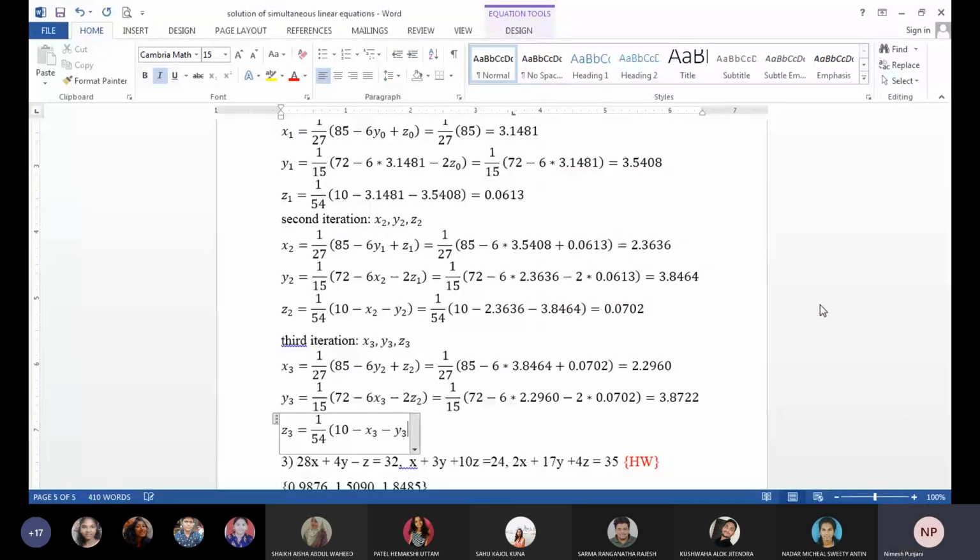Okay. z3 is 1 upon 54 times 10 minus x3 minus y3. 10 minus x3 minus y3. 0.3832. No, sorry, I divided by something else by mistake. 0.071. Check, you get 0.071.